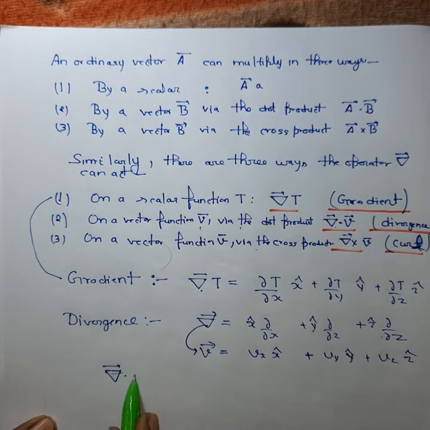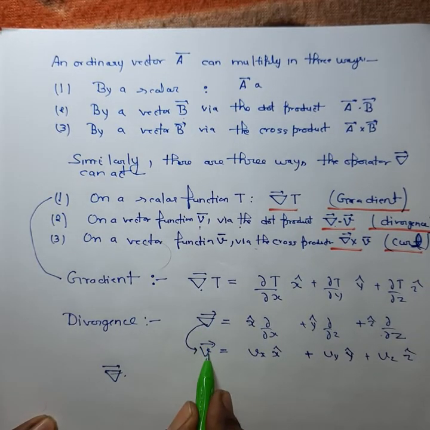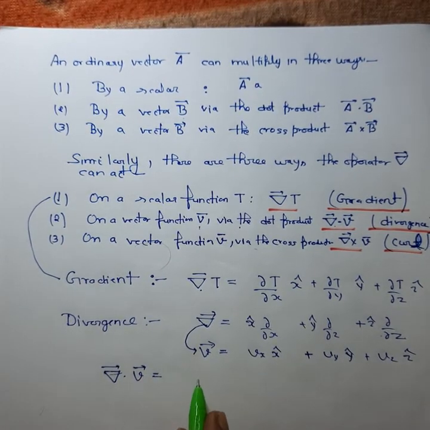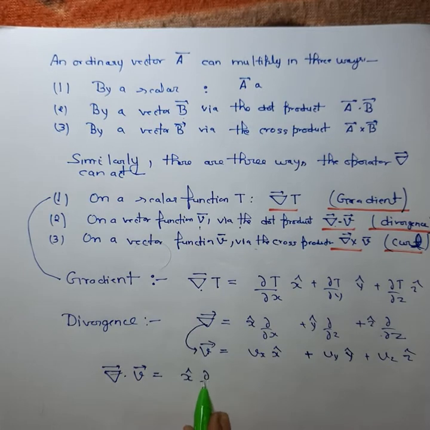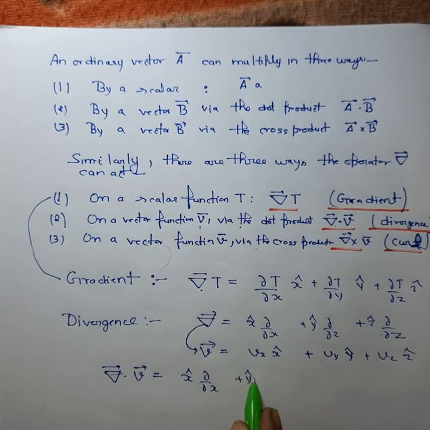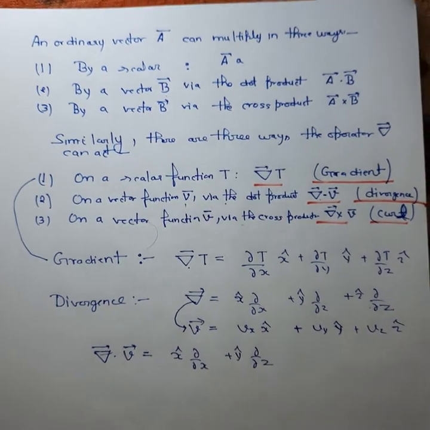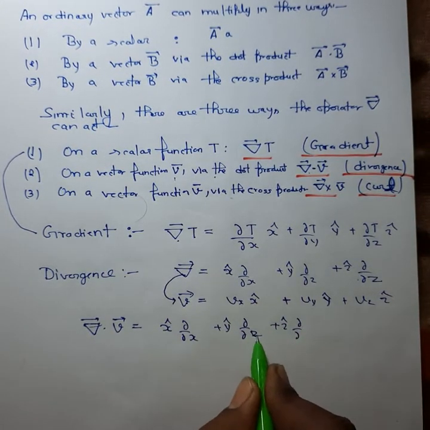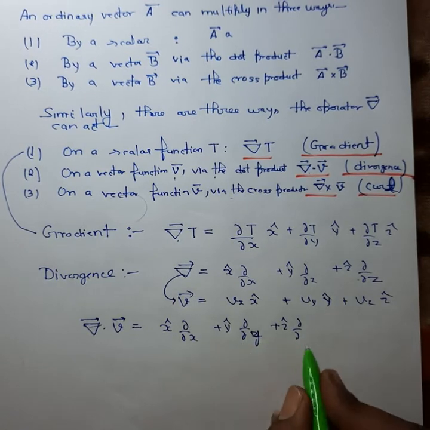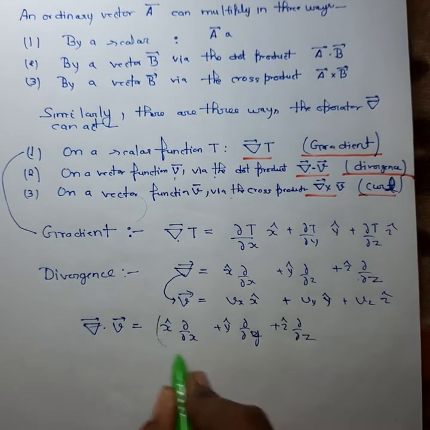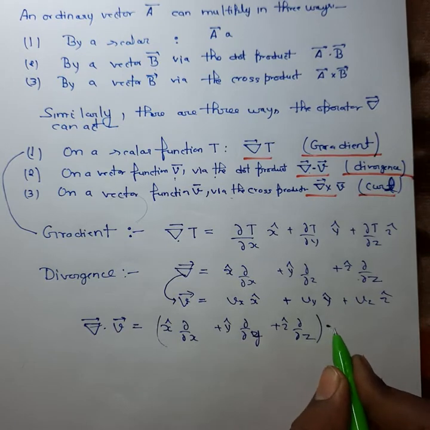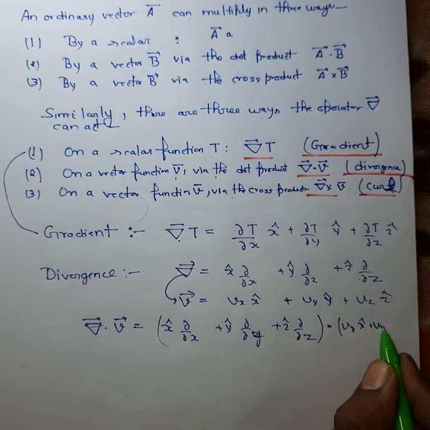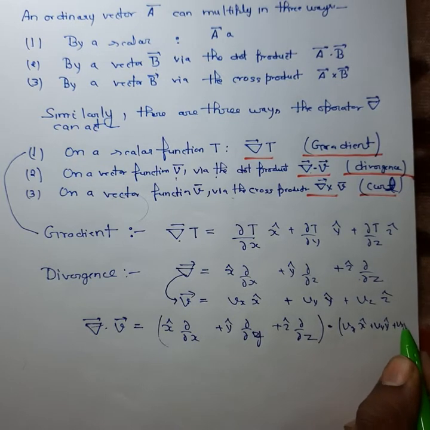When this del operates on v by a dot product, it can be written as x cap del by del x, y cap del by del y, z cap del by del z, dotted with vx x cap, vy y cap, vz z cap.